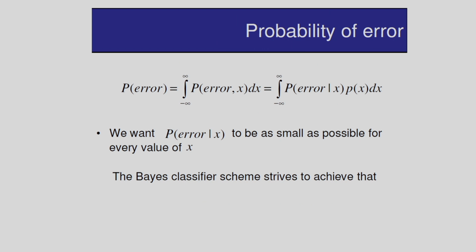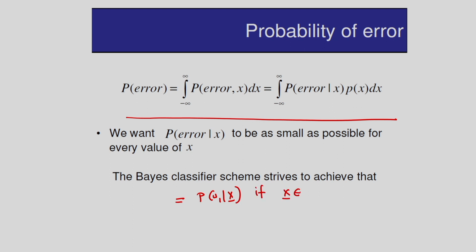You can see the average probability of error I can determine like this. For all the Fisher vectors I can determine the average probability of error, and we have to minimize this error. So how to minimize this error?